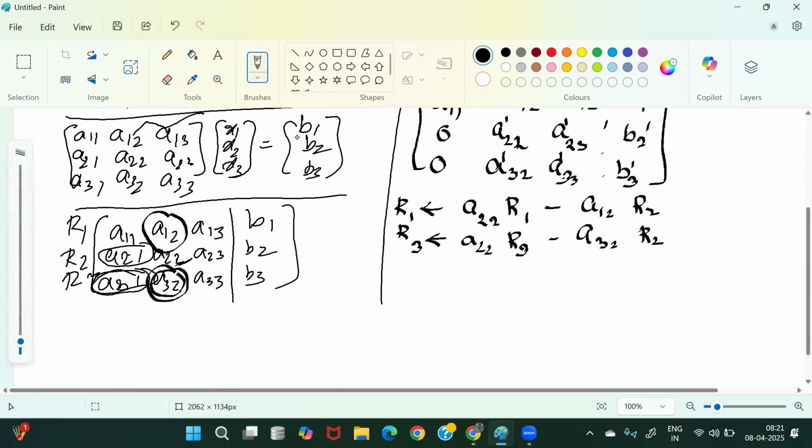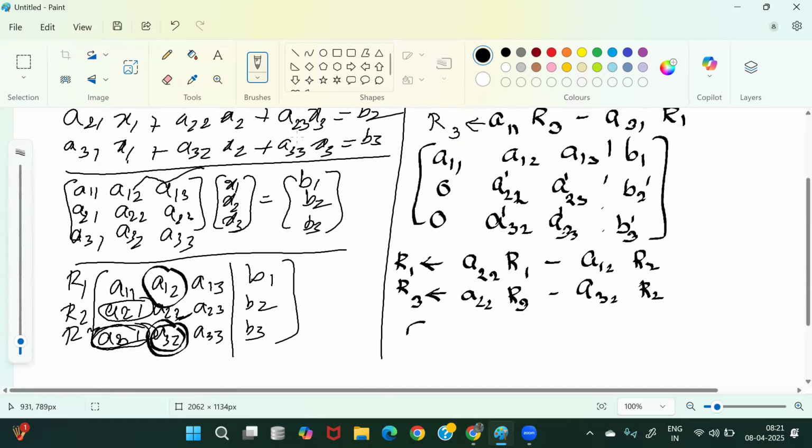What is the net result? Even the first row will change now. A11 dash, this becomes 0. A13 dash, this becomes B1 dash. The second row is the reference, so it remains intact.